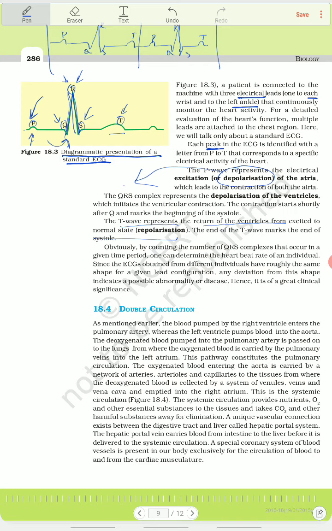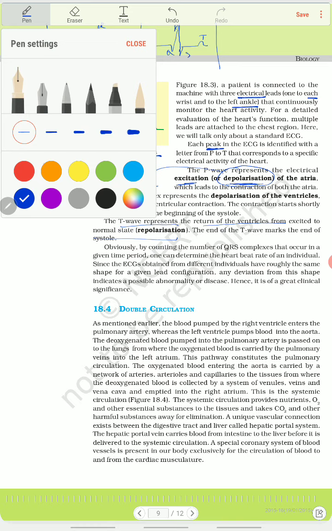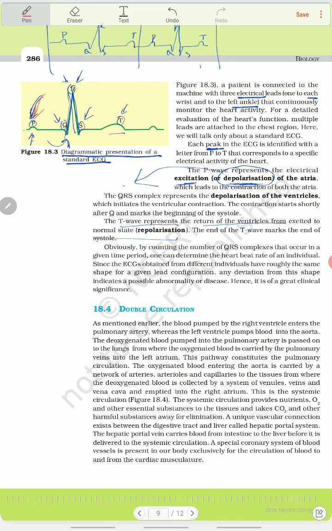We say that the heart wall is under an excited state, excitation has taken place, and that is the depolarization. So these peaks here represent depolarization.